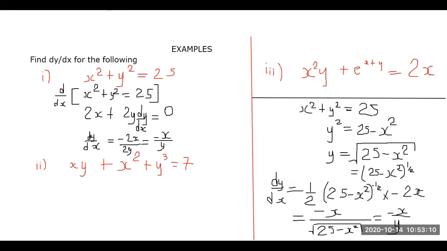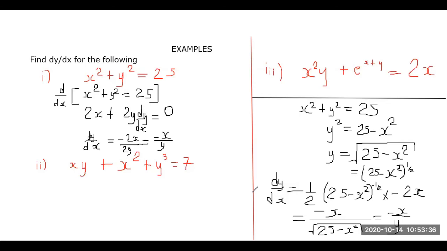And so the question you might ask is, why bother using implicit differentiation when we could just do this? Now, if for every equation we had to make y the subject in terms of x, that would take forever. Like look at this now, y and y cubed, you're going to have to do some factorizing and simplifying to get y in terms of x to then find dy by dx. That would take long.